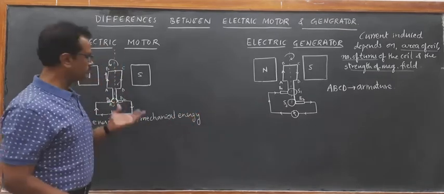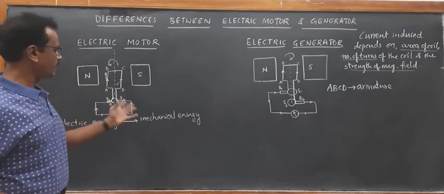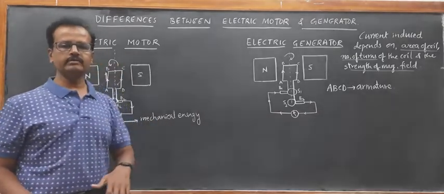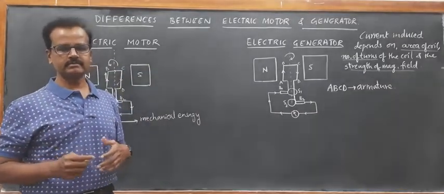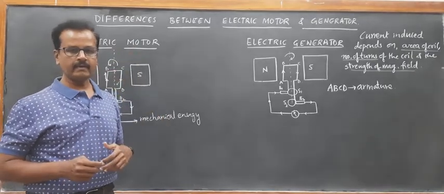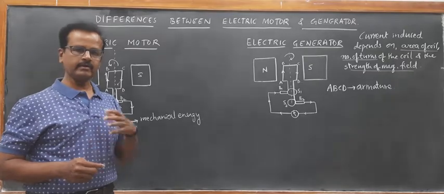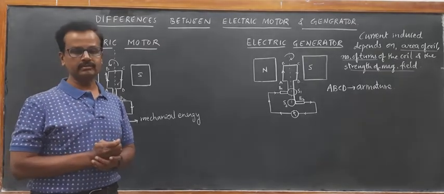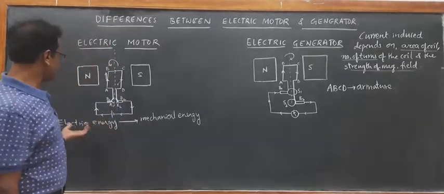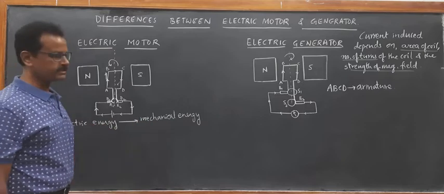Using this motion of the coil, that is the mechanical energy of the coil, we run the fans. The blades of the fan rotate. We use the mixer grinder and we pump the water. So there is a conversion of electric energy into mechanical energy.